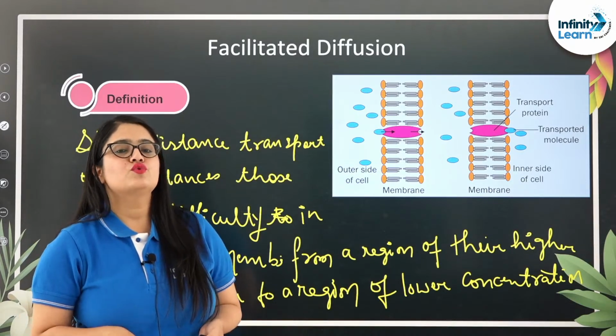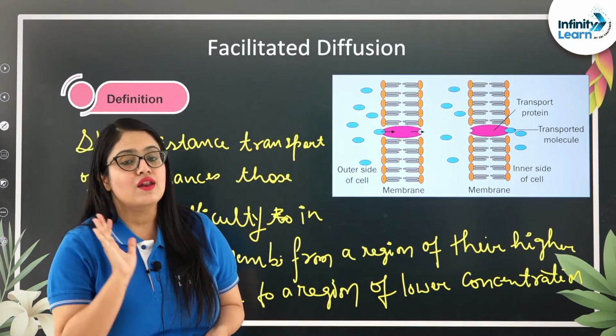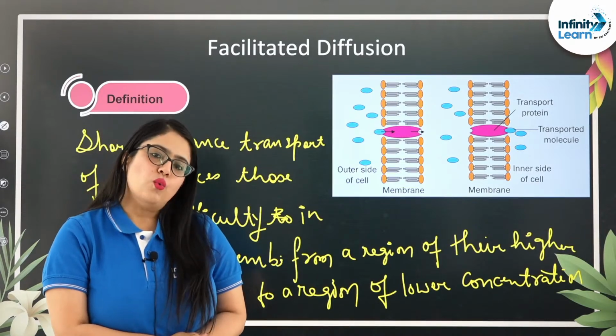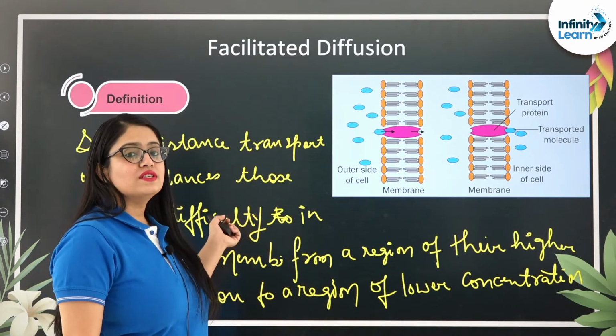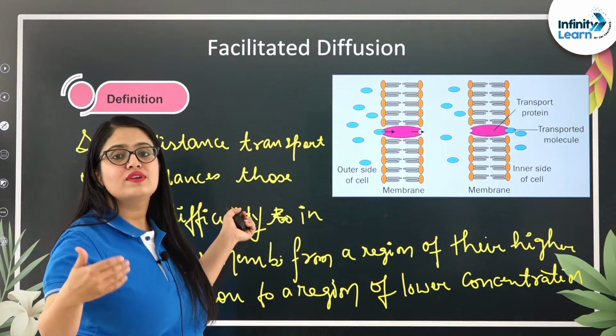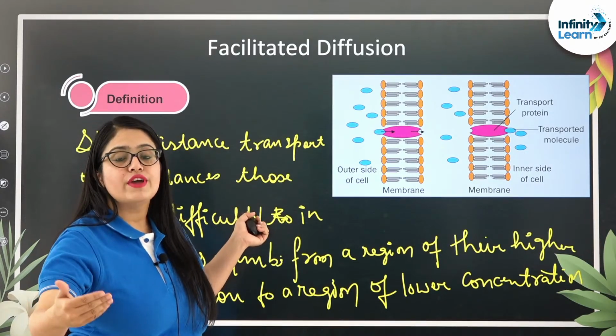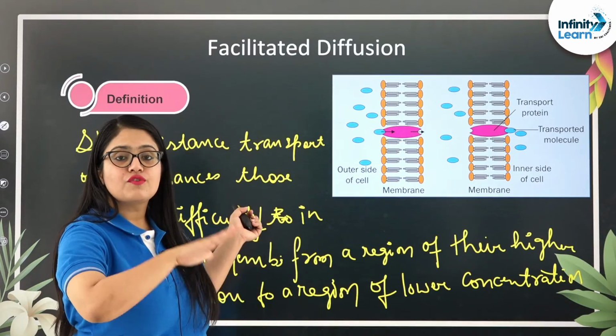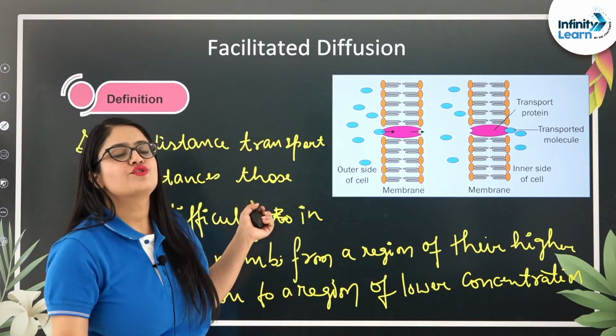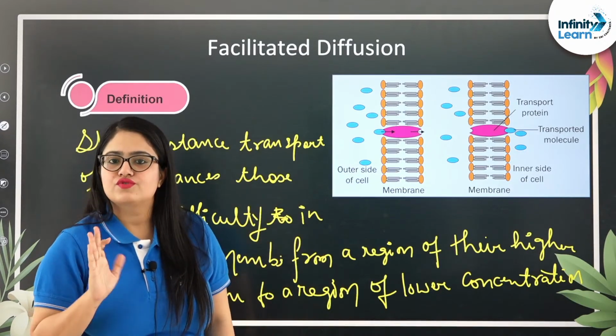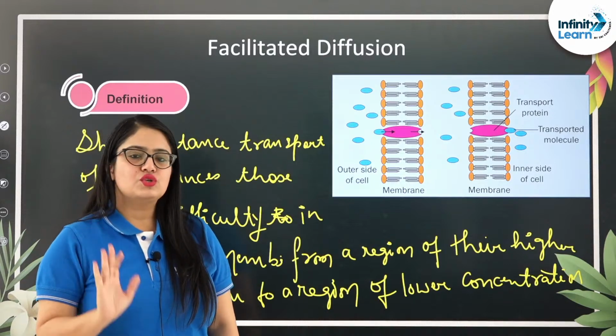But do not forget students, this transport will be along the concentration gradient. Why? Because these substances whose transport needs to be facilitated are moving from a region of their higher concentration to a region of their lower concentration. Right? This much it should be clear.